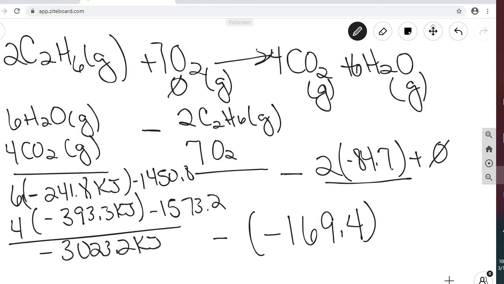Subtracting the negative is adding. So add 169.4.